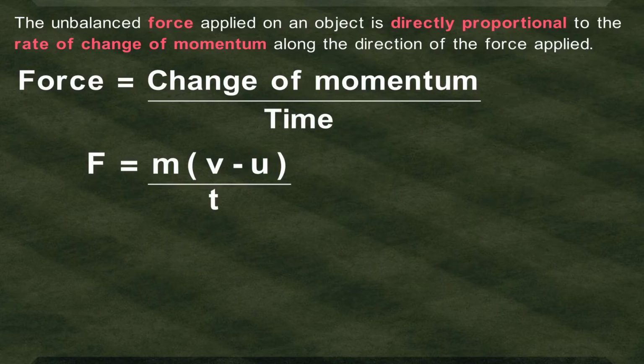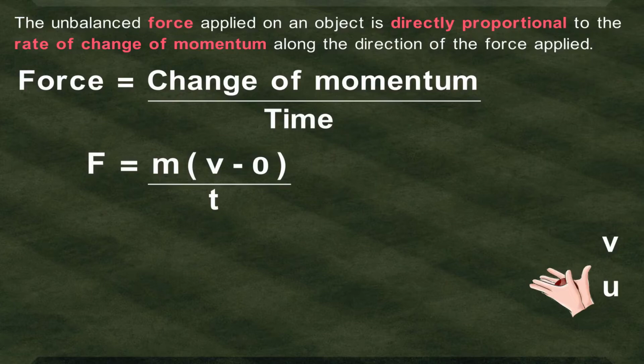Here, m is the mass of the ball, v is the speed of the ball just before it hits the hands, u is the final speed of the ball when it stops in hands, which is 0, and t is the time duration that the ball keeps in contact with the hands.